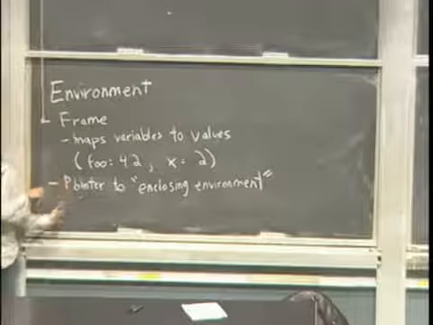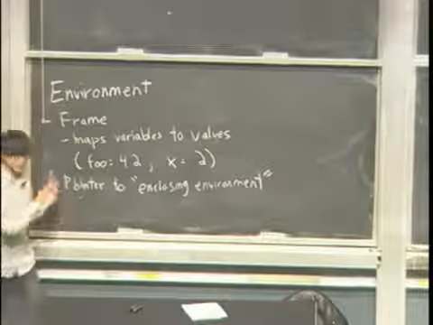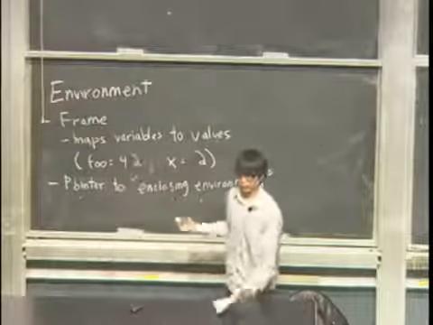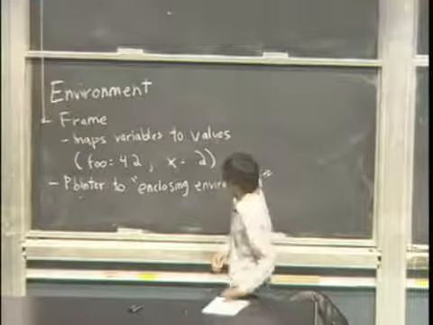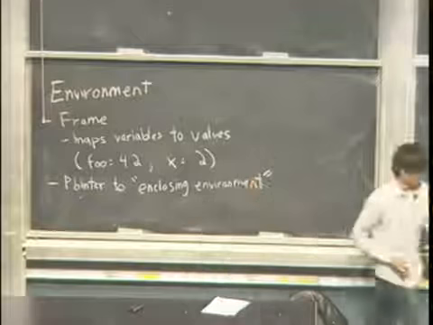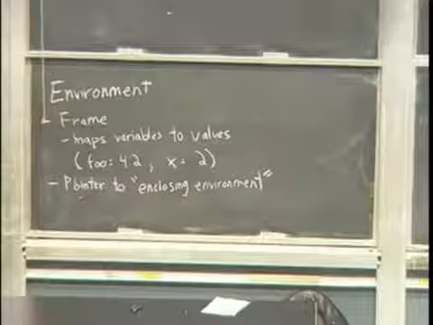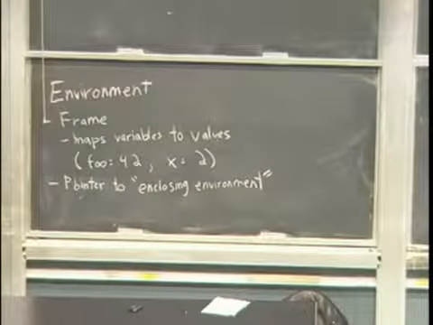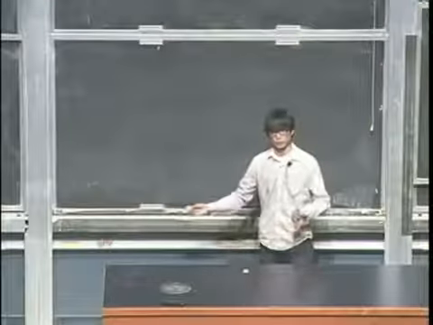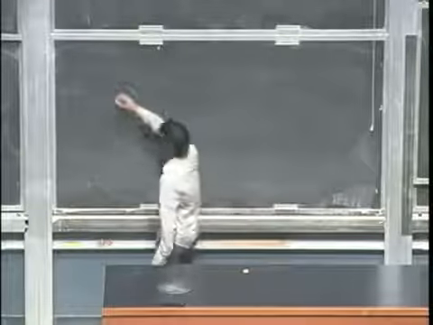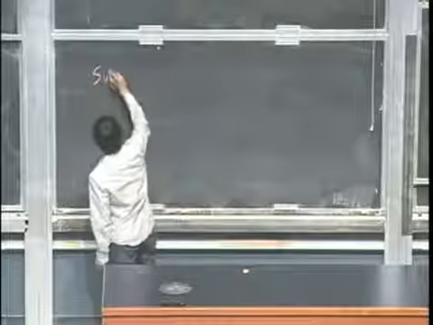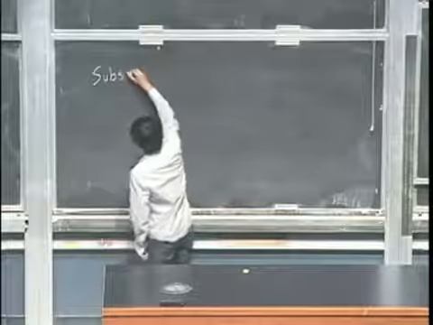We'll get into what exactly this is a bit later, but just remember these two facts about what an environment is. Okay, so it's actually helpful to think about the environment model related to the substitution model. It's remarkable how similar the two are.